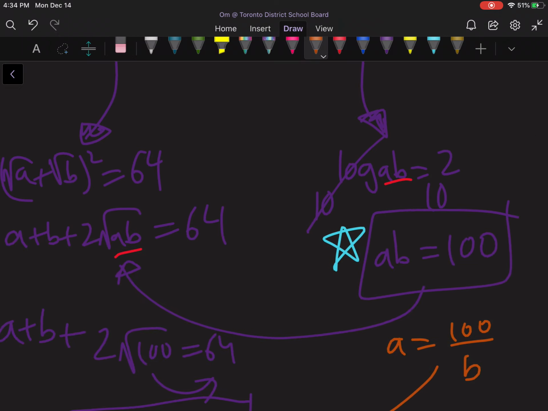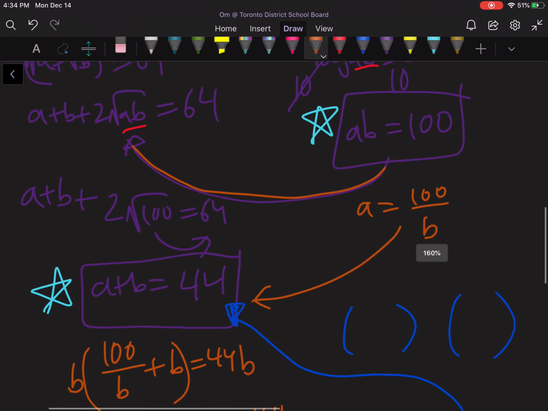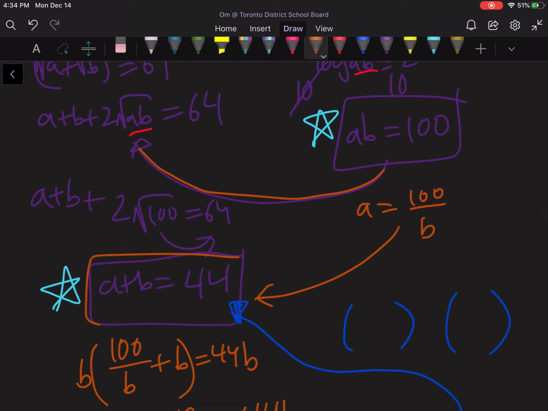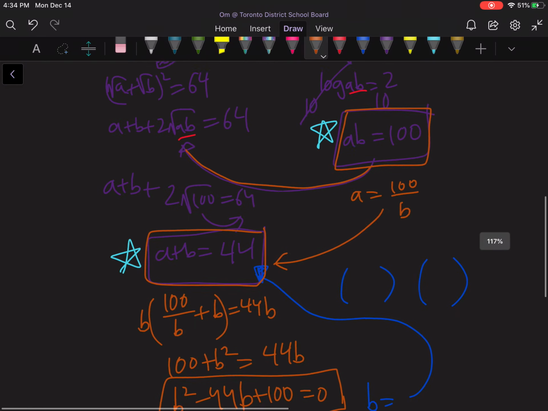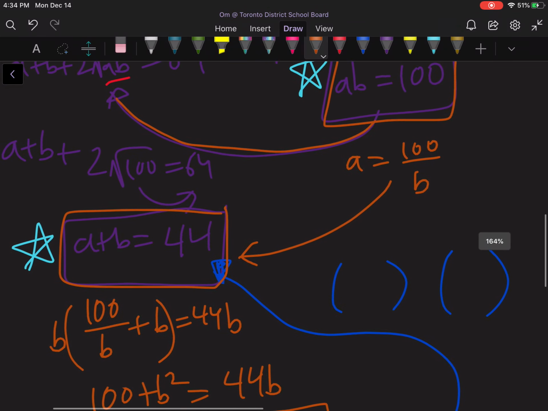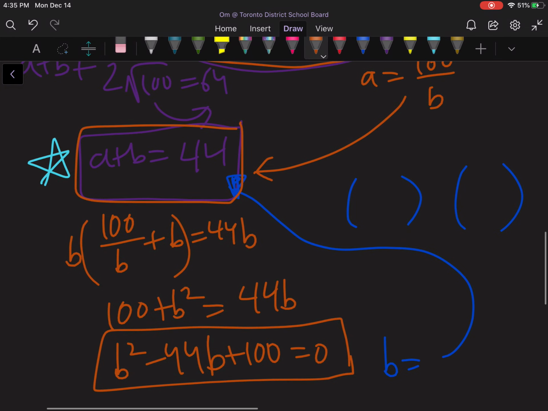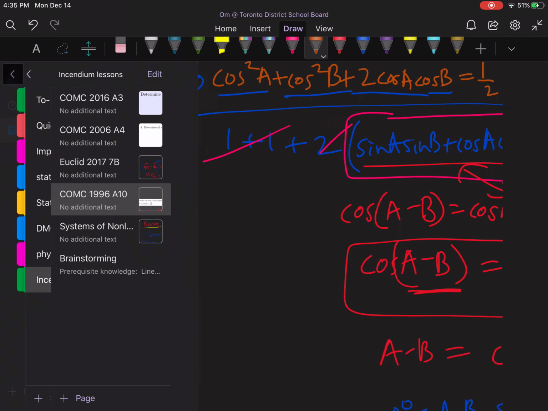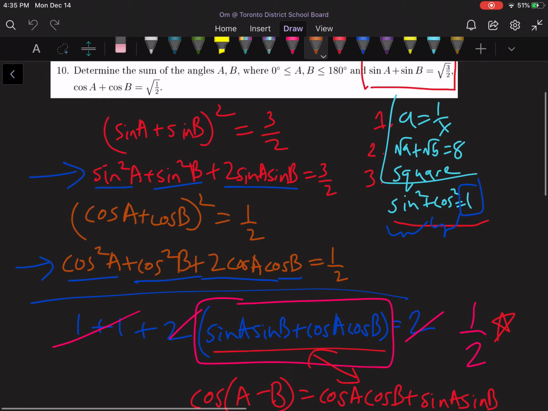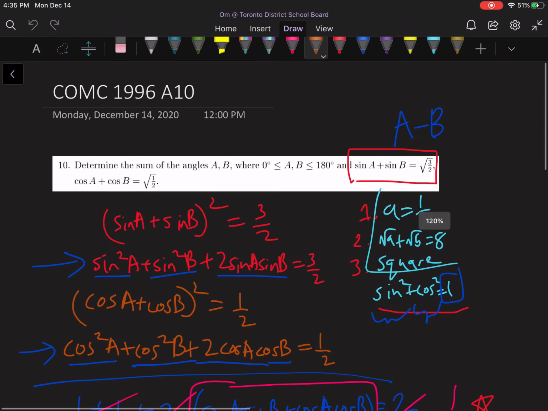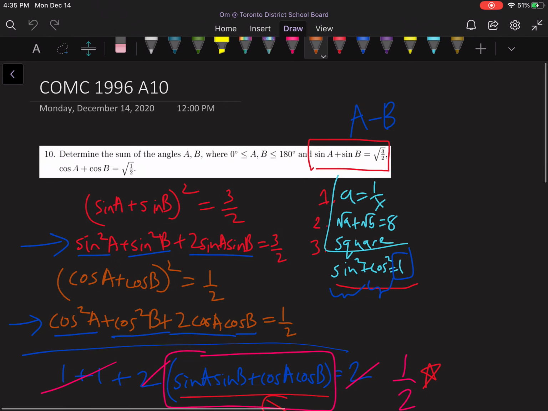Then we substituted it back into our first equation. We simplified a bunch, and we get a plus b equals 44. Now, a plus b equals 44, ab equals 100. This is much easier to solve as a system. We can use substitution. Eventually, we end up solving a quadratic using the quadratic formula. Great. So, next, we have a question from the CUMC.